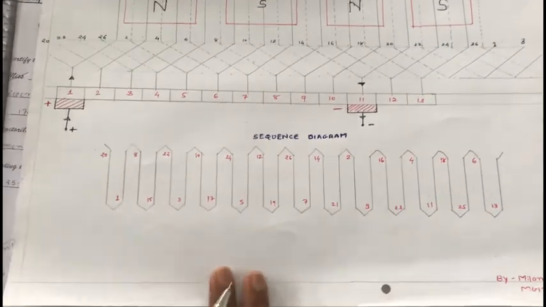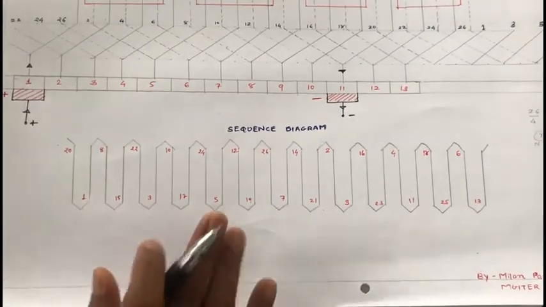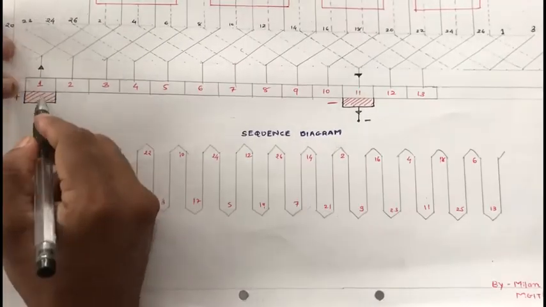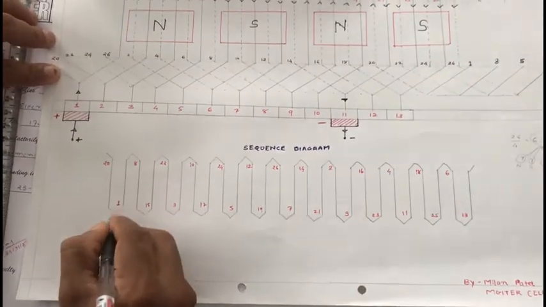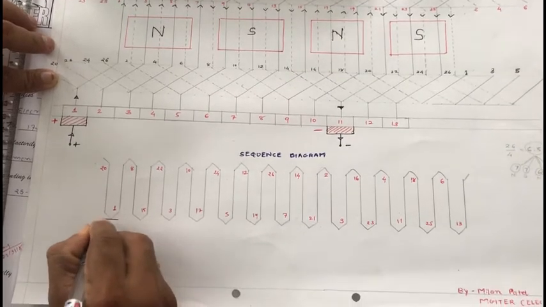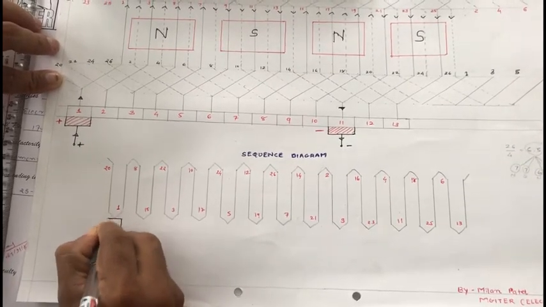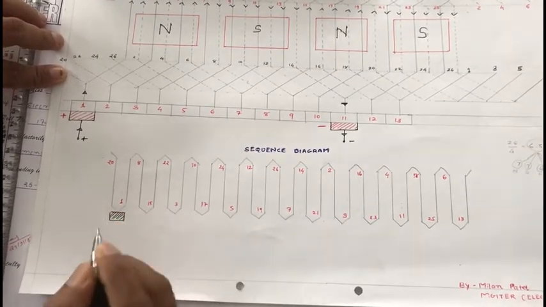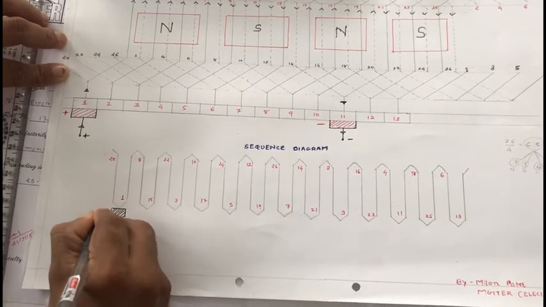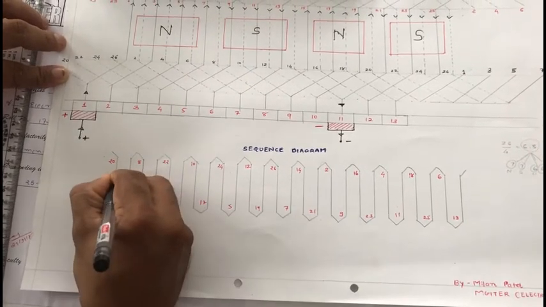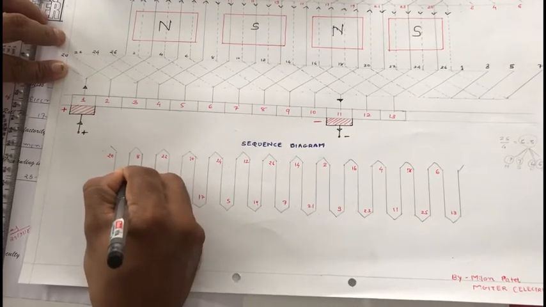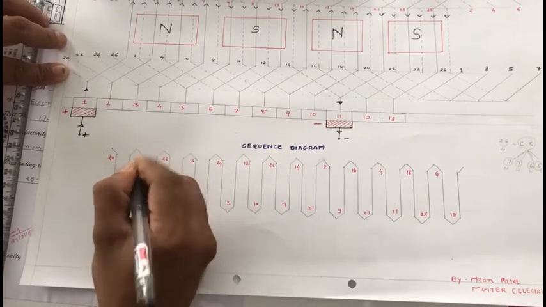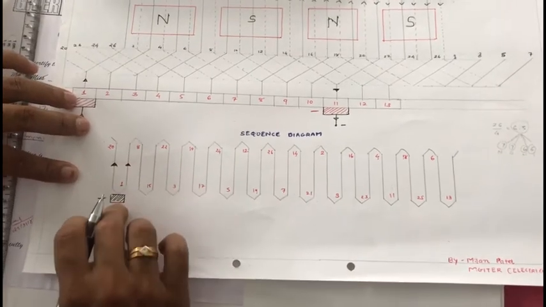Now it's time to provide the brushes. The first brush is at conductors 1 and 20. Simply draw the brush like this, and this is the positive brush. So provide upward direction connected from the conductors to this brush.